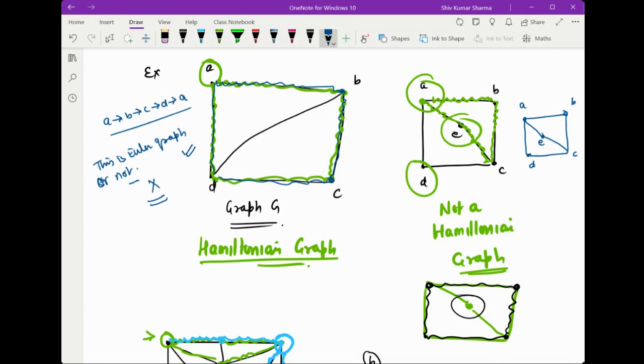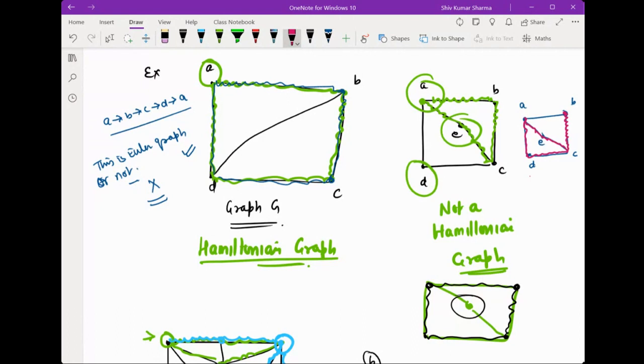Our purpose is to visit all the vertices exactly once, and we can choose any vertex as the source. Suppose we start from vertex B, then vertex C, then E, then A, then D, then return back to B.